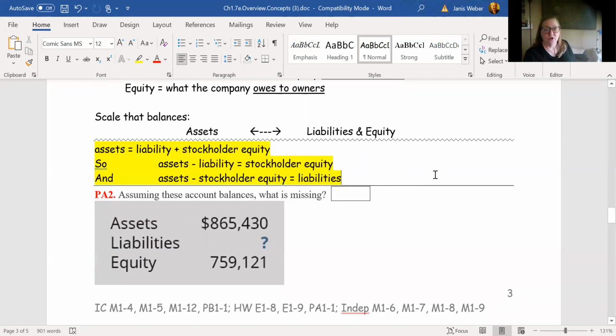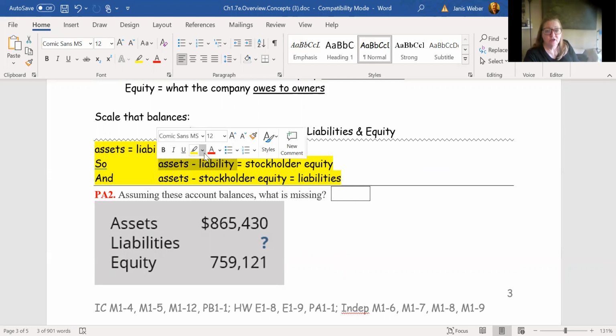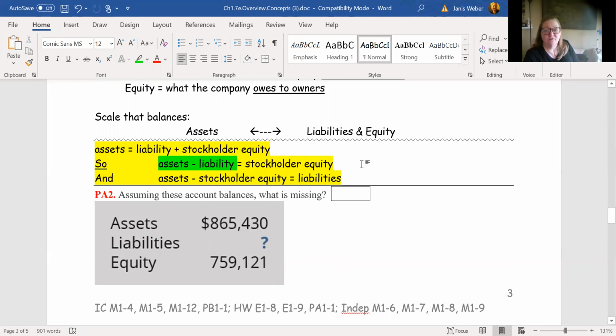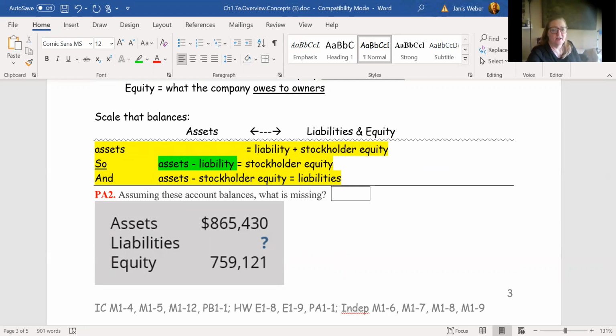If you have assets equals liabilities plus equity, which we always do, you know that's the same thing as subtracting liabilities from both sides.